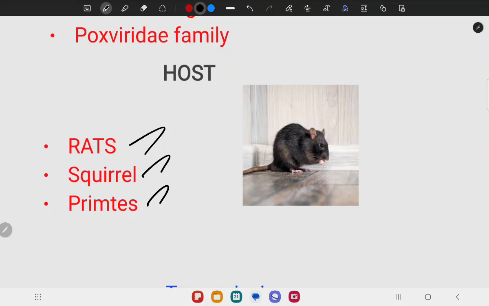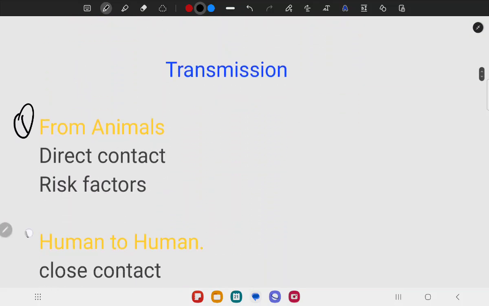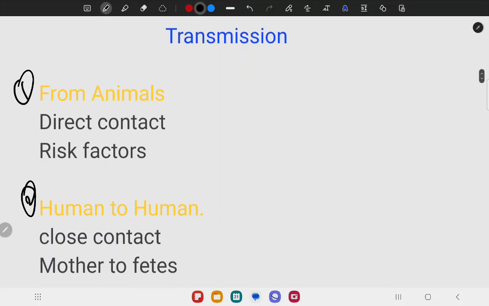Okay, then how is this virus transmitted to humans? There are two types of transmission. One is from animals and the second is from infected humans. From animals like squirrels, rats, and primates, through direct contact with feces, urine, and debris.